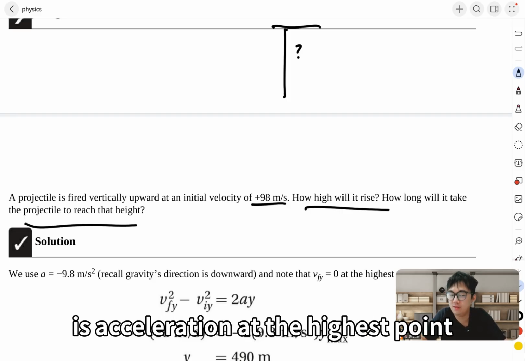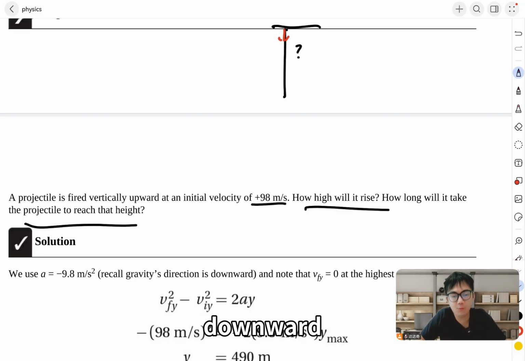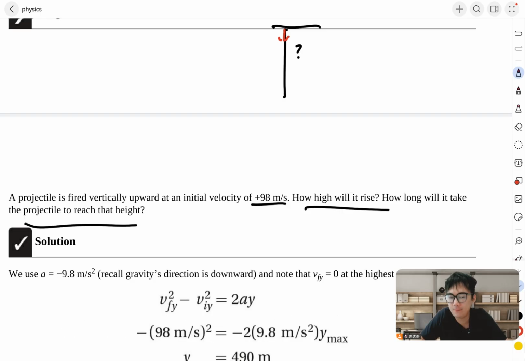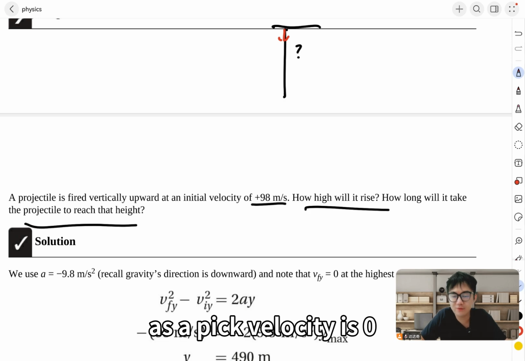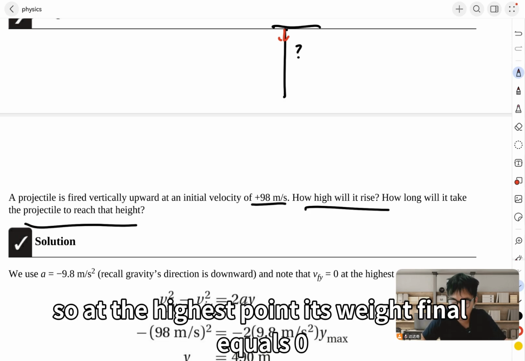Is acceleration zero at the highest point? No, acceleration is still 9.8 downward. So is the velocity zero at the highest point? Yes, that is correct. At the peak, velocity is zero. So at the highest point, V final equals zero.